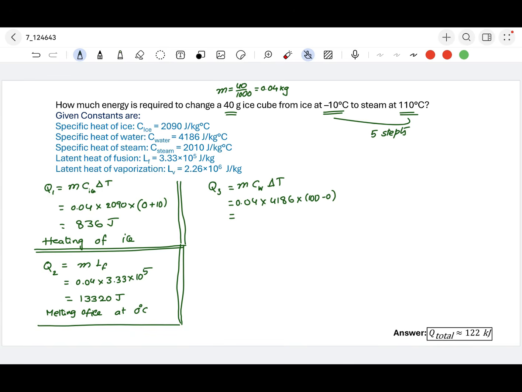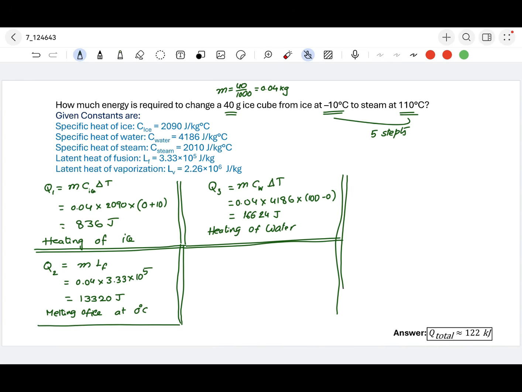The answer is 0.04 times 4186 multiplied with 100, which is 16624 joules. This is the heating of water. Finish.